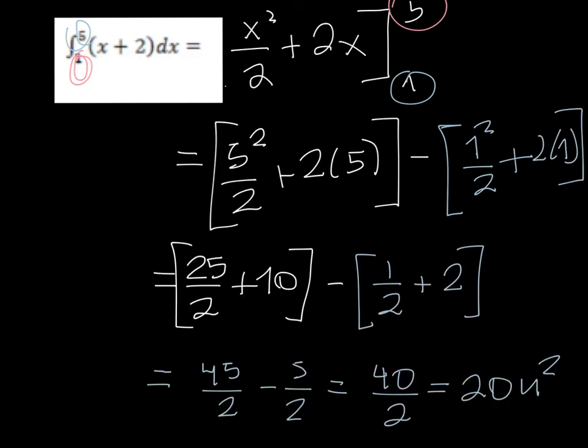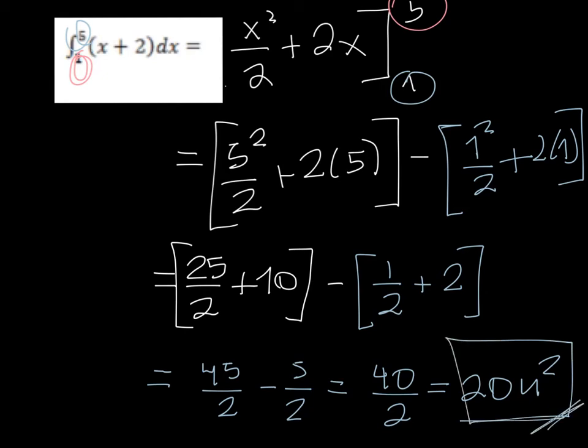If we do the operations, 5 squared is 25, 25 halves plus 10 is 45 halves, and the second term is 1 squared over 2, 1/2 plus 2, 5 halves. So we subtract 5 halves from 45 halves. We obtain 40 halves, which is equal to 20.